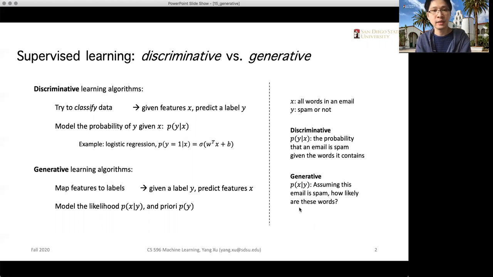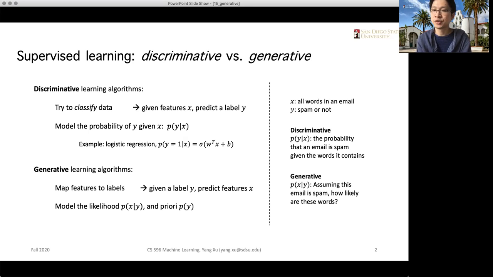But if it's a generative way, then we need to think of this problem from a different angle. We will ask ourselves, assuming this email is spam, then how likely are these words?